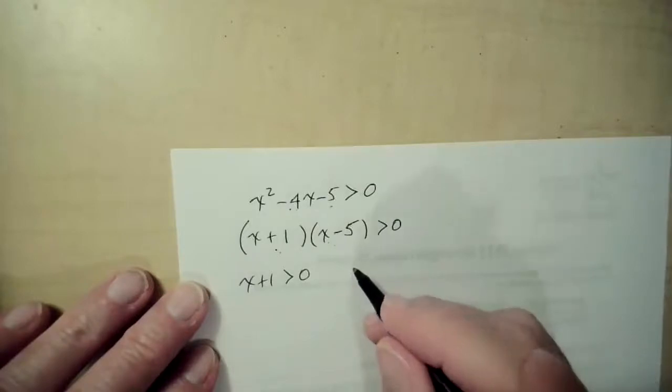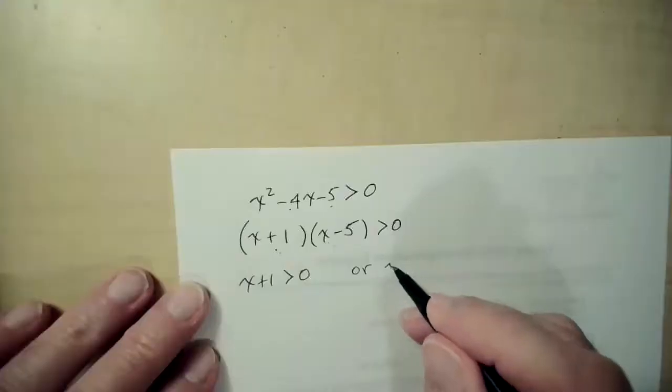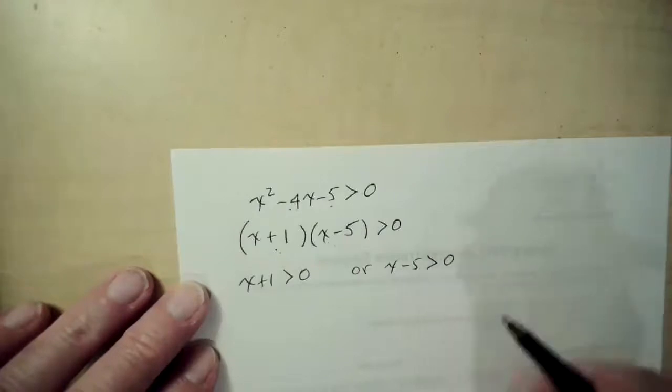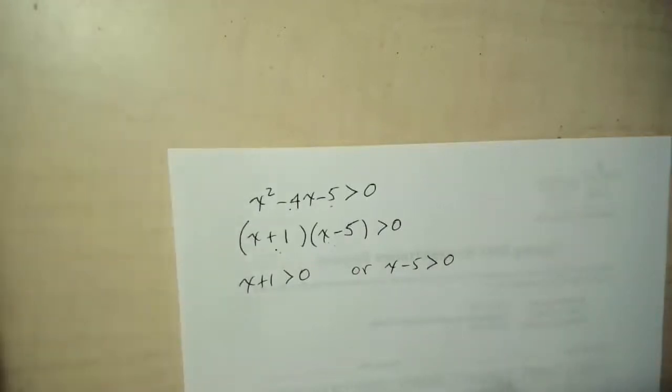So we set each one of these not equal to, but greater than 0. So we have x plus 1 greater than 0, or x minus 5 greater than 0.